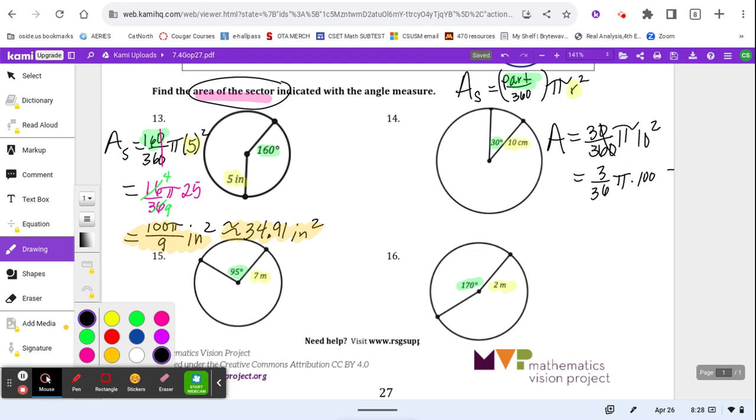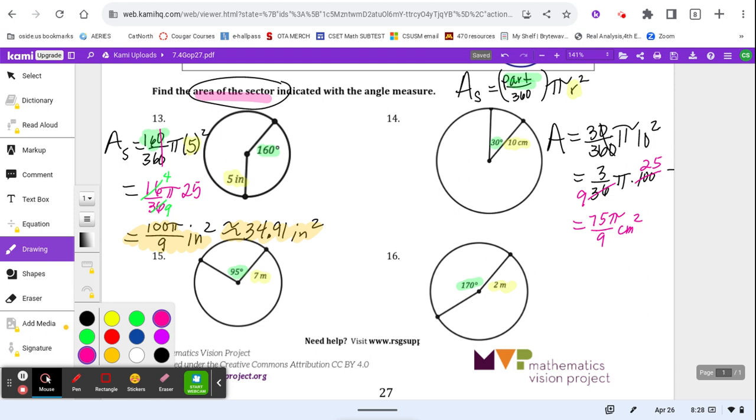Well, what can go into 36? For sure, 4 goes in. So I'm going to say 4 goes into 36 9 times. 4 goes into 100 25 times. 3 times 25 is 75 ninths pi. This is going to be centimeters squared.